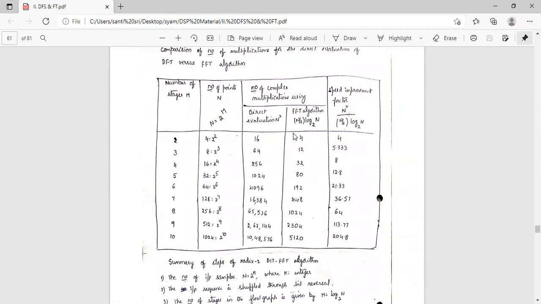Number of complex multiplications: for direct evaluation it is n square, and for the FFT algorithm it is n by 2 log n to the base 2. The speed improvement factor is n square divided by n by 2 log n to the base 2.